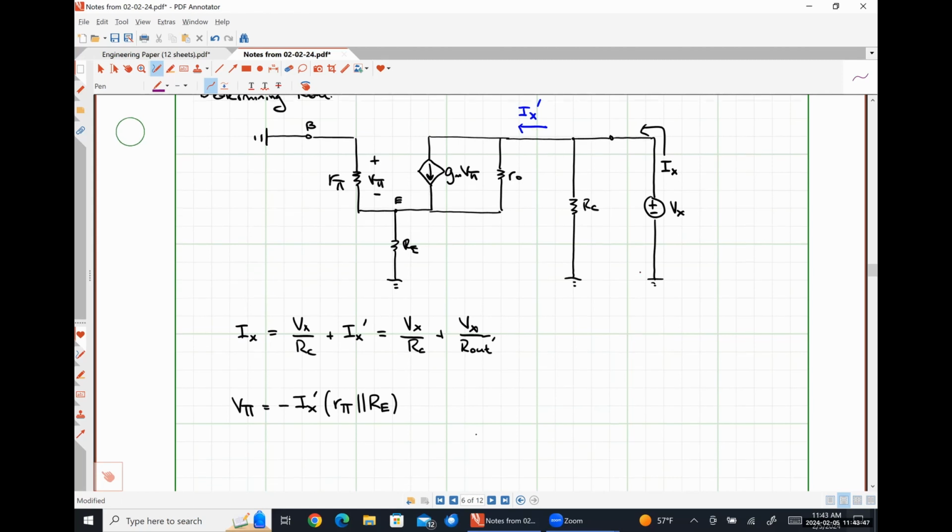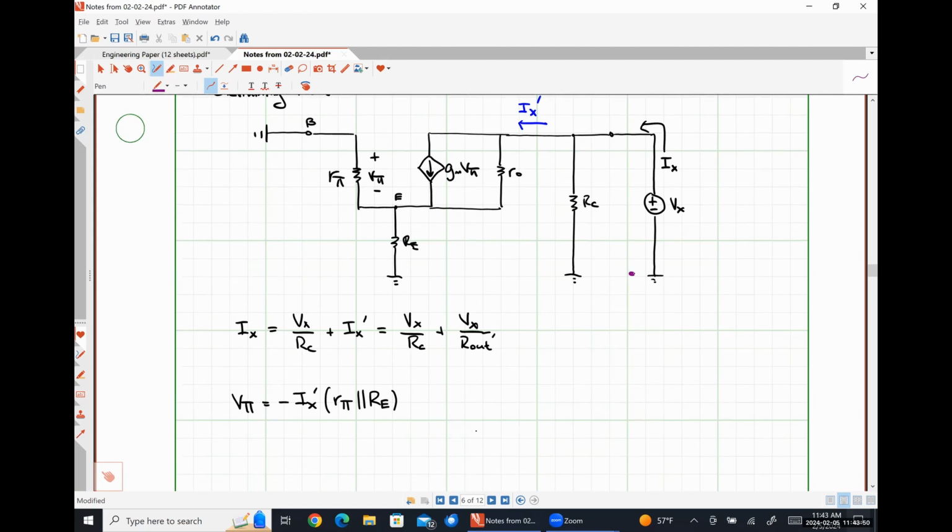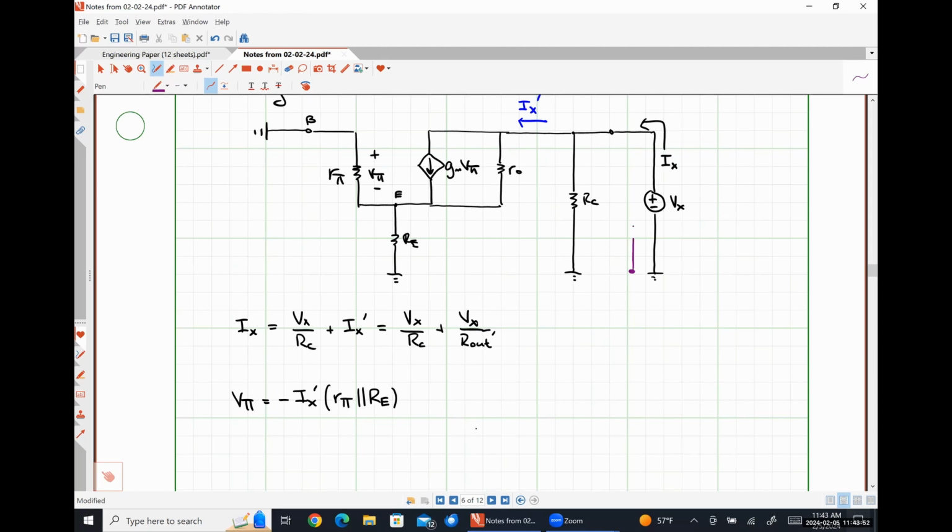I'm going to start here, go across my voltage source, across this resistor, across this resistor, and then go to ground. So I'm starting at ground and I'm ending at ground.